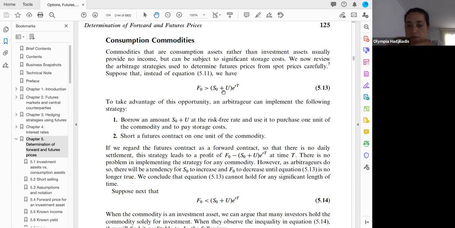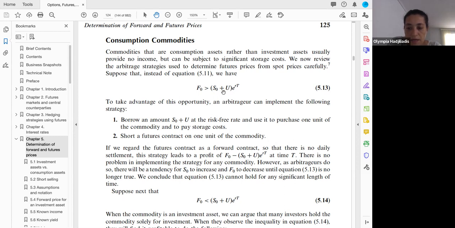To take advantage of this opportunity, an arbitrager can implement the following strategy: borrow an amount S0 plus U at the risk-free rate and use it to purchase 1 unit of the commodity and to pay the storage costs. Short the futures contract on 1 unit of the commodity. If we regard the futures contract as a forward contract, so that there's no daily settlement, this strategy leads to a profit of F0 minus (S0 plus U) e to the RT at time T. There is no problem in implementing the strategy for any commodity.